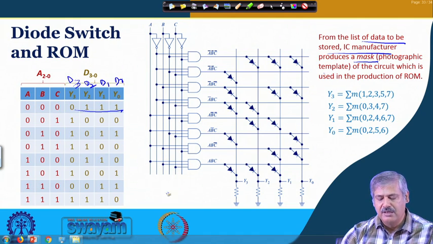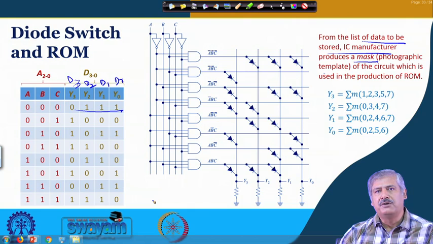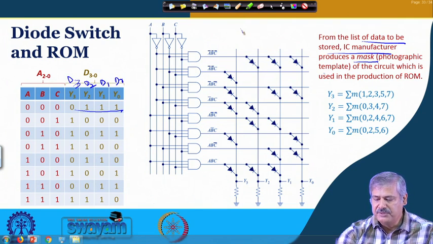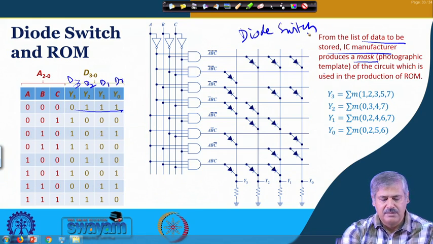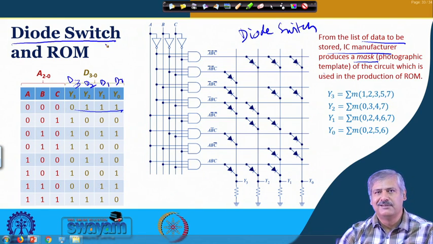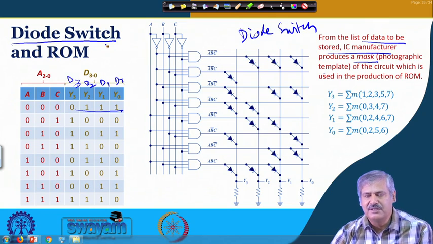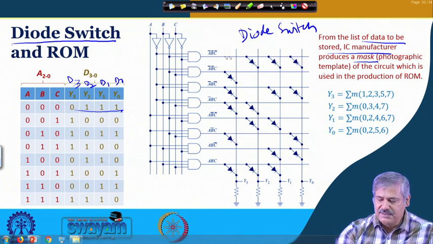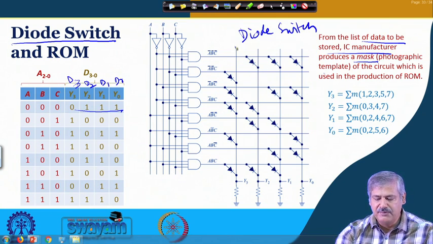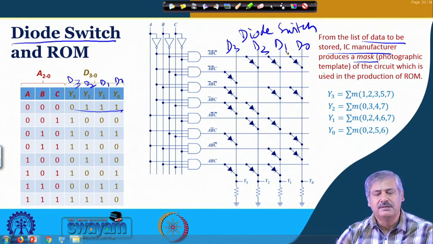Now, one way to achieve this, which is equivalent to decoder OR, that part I shall discuss later, is by using diode switches. What does it do? So, you can see this is the decoder output and these are the 4 lines, right. They signify D3, D2, D1 and D0.